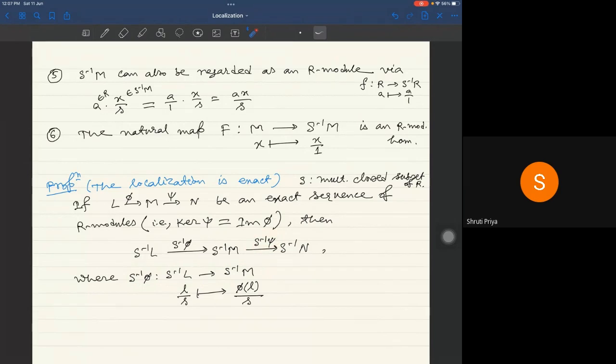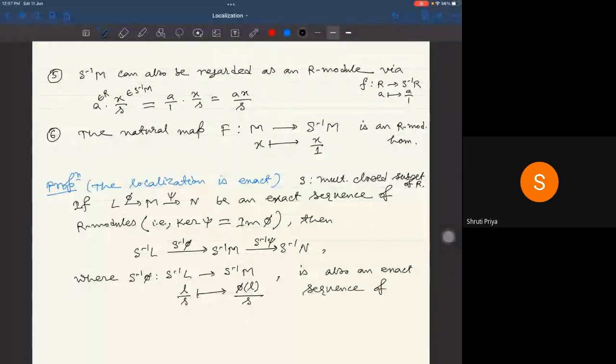Now one may ask whether this sequence is also exact or not. This is also an exact sequence of S inverse R modules and S inverse R module homomorphisms.